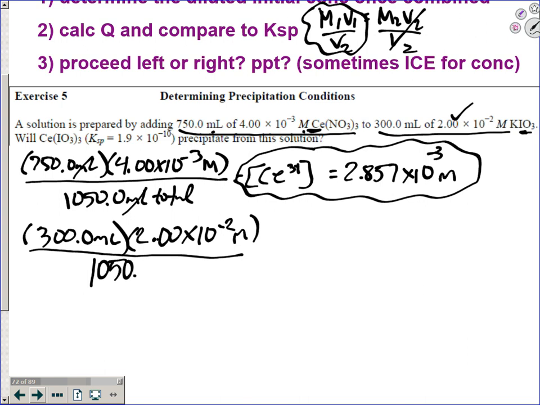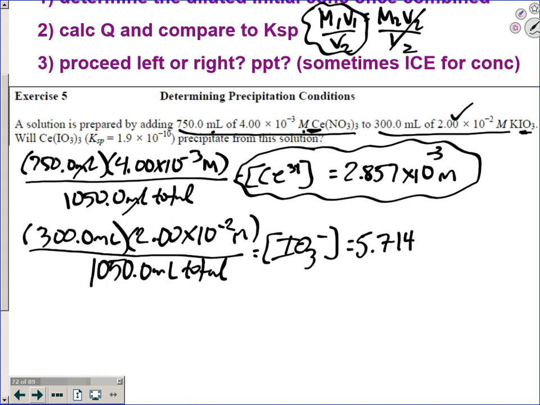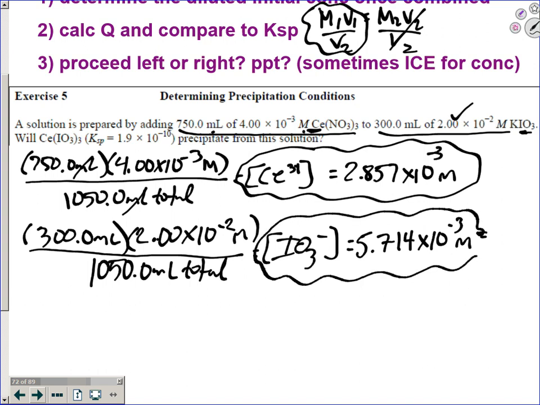The total, again, 1050 milliliters total, and that's going to give us iodate, which is 7.1. I'm going to put 4 just to continue. These are not final answers, so it's cool. We're over 6 days right now. And this is iodate. Okay, so we have 2 ion concentrations initial now. You guys determine if it's going to precipitate.